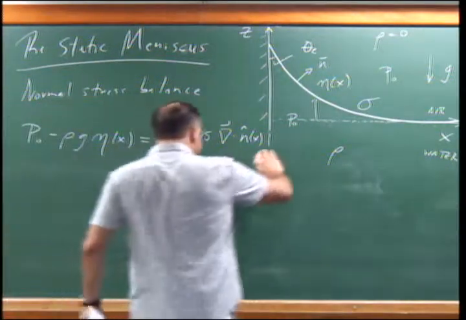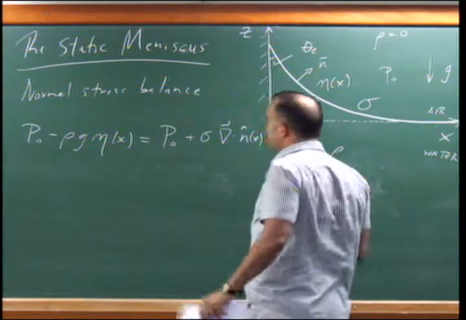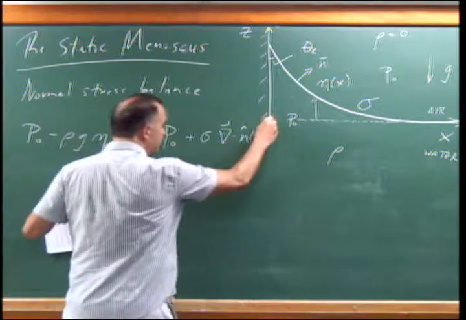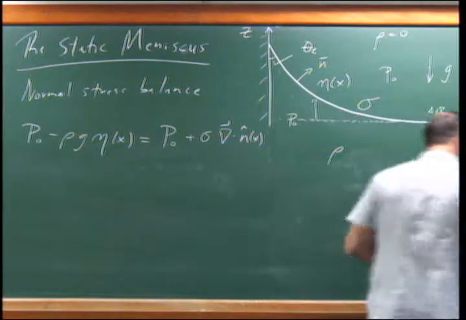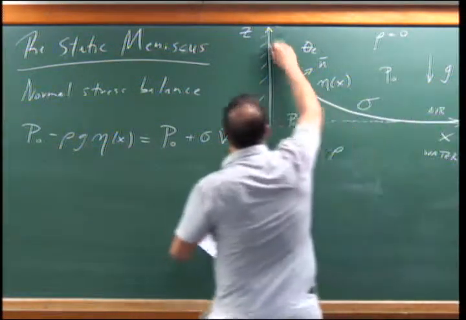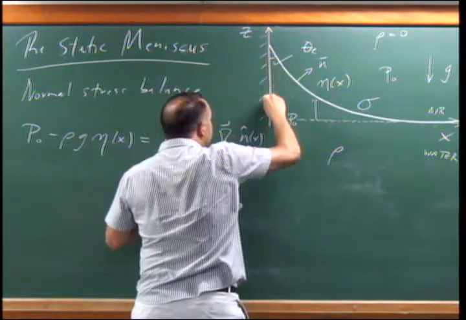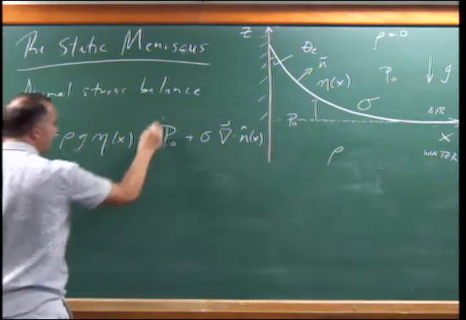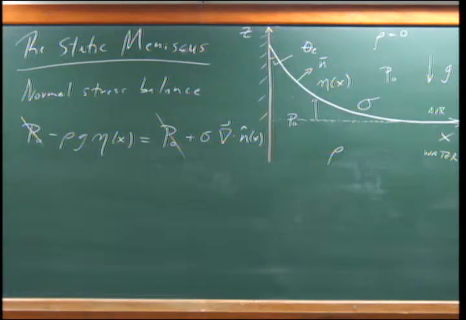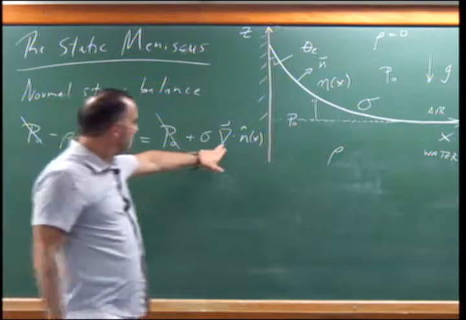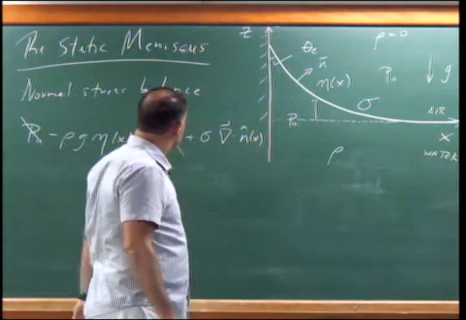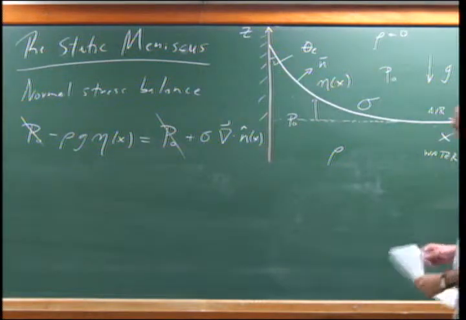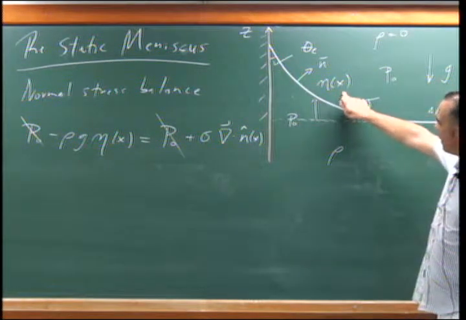So that's our normal stress boundary condition. Okay, so these cancel. Is that plus or minus the last term? Plus. We know that the pressure is higher here than here.